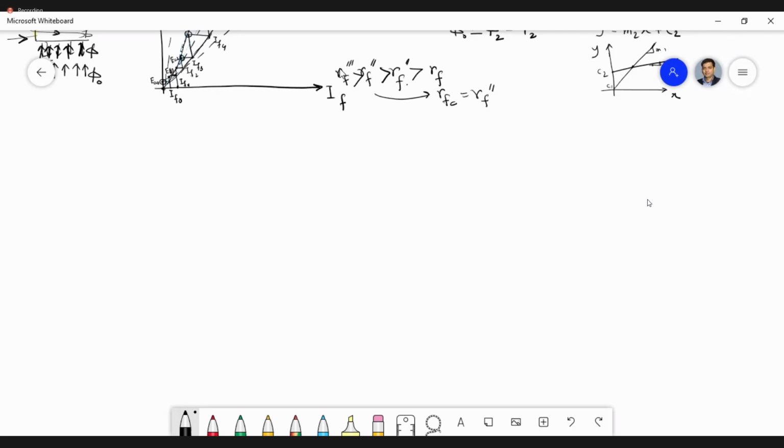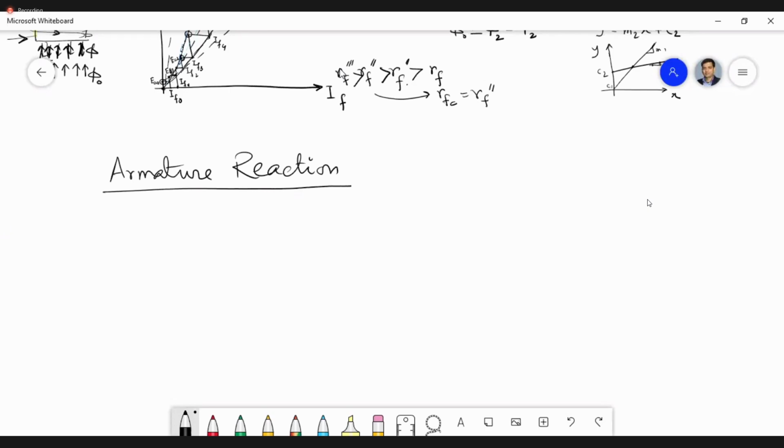So anyway, today we'll start a new thing, and that is a very important thing, which is called armature reaction. Now, in a DC machine we have two excitations.